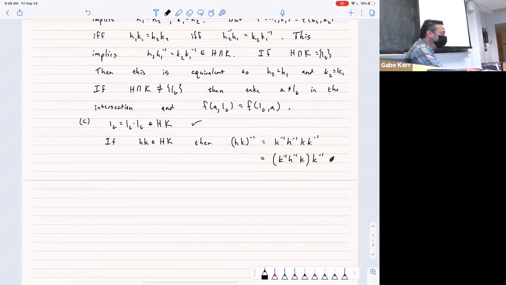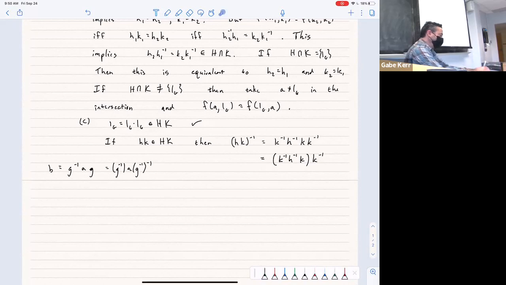Another thing I saw is in the problem on equivalence relation by this conjugation. When you did symmetry, there was something like this. I don't remember which one it was. What I was hoping for is that people would write this, and a few people did write this.